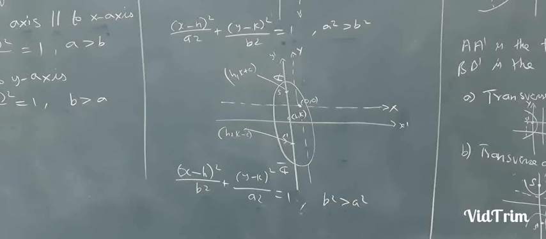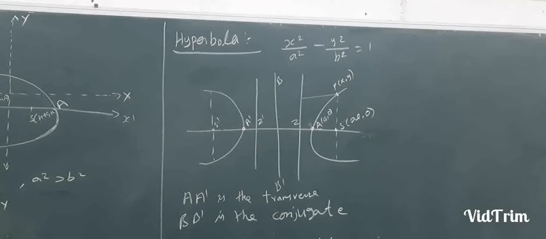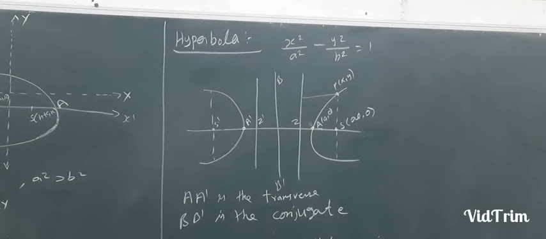Next we are going to study another conic, the hyperbola. The hyperbola is the locus of a point which moves such that its distance from a fixed point bears a constant ratio e, greater than unity, to its distance from the directrix.